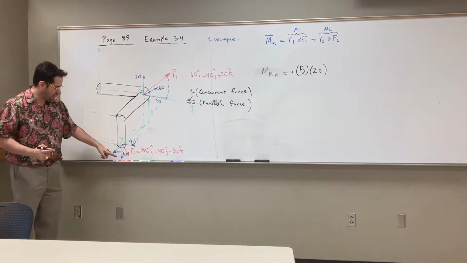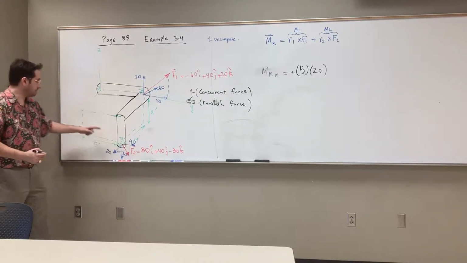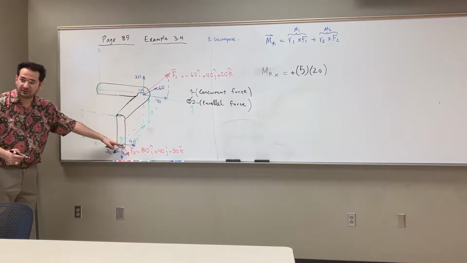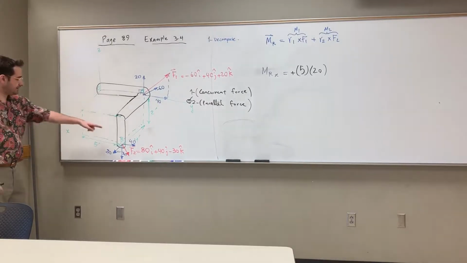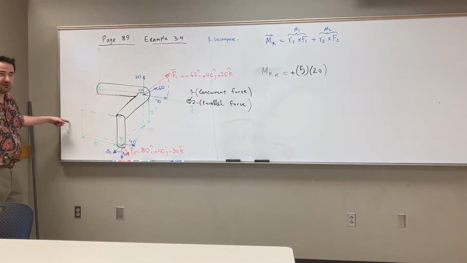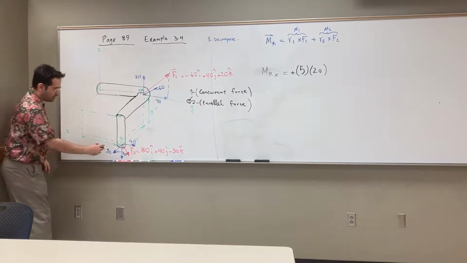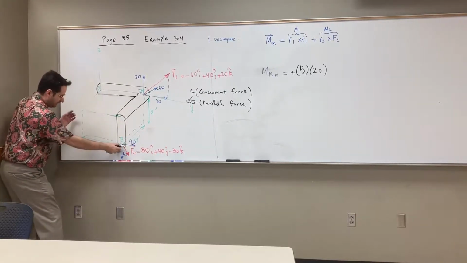Now let's go to this force, 40, with respect to axis X. So what should I do? Step 2, move it. Is it parallel to this axis? No. Is it going through that axis? No. So move it. Where should I move it? Left.